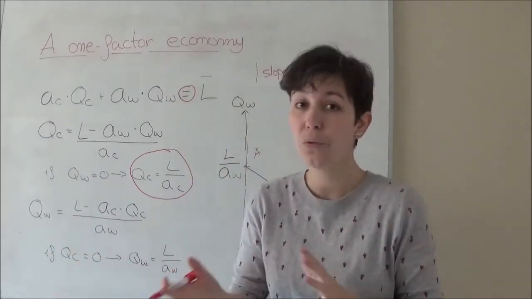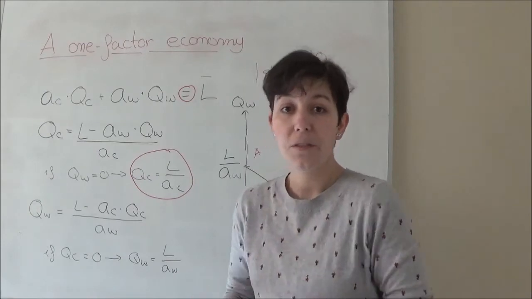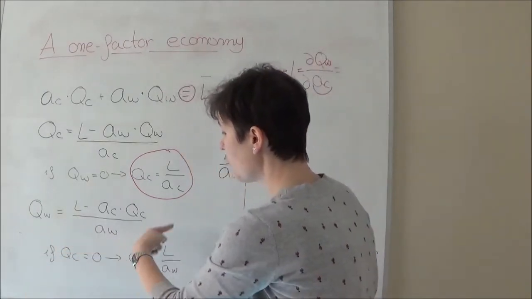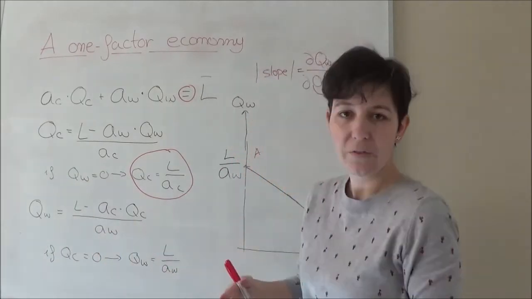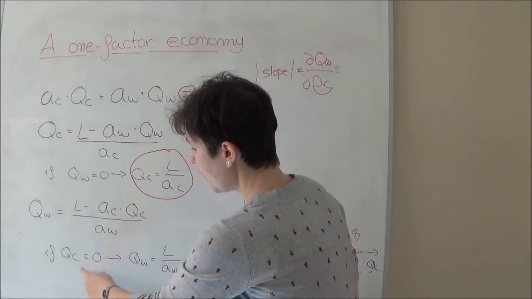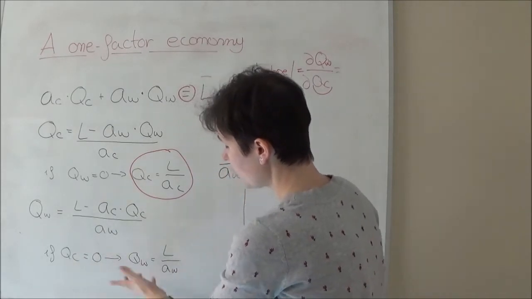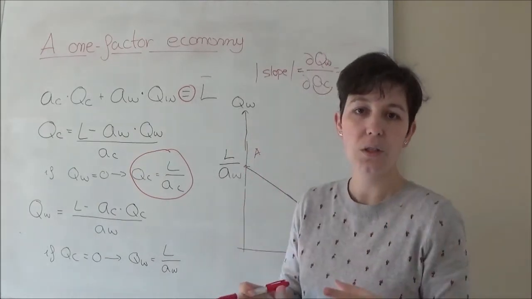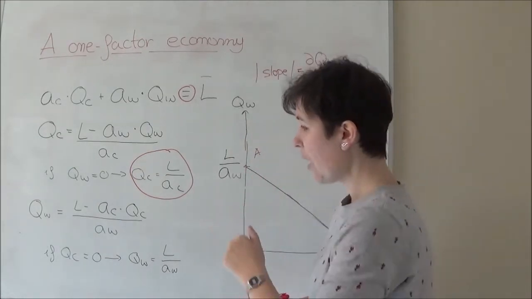Here we have 2 variables, quantity of cheese versus quantity of wine. Okay, so here is the quantity of wine, how it's connected with the other variables of the model. In fact, let's see what is going to be the quantity of wine when the quantity of cheese is 0. So when we are using all our labor in the production of wine.